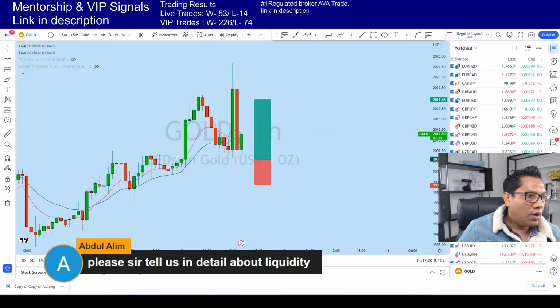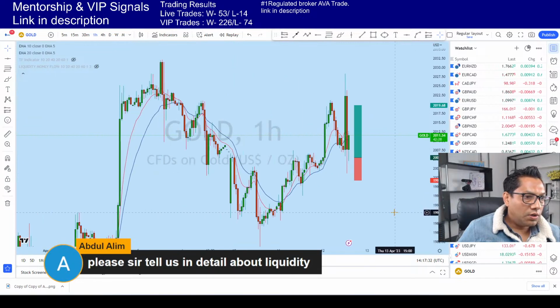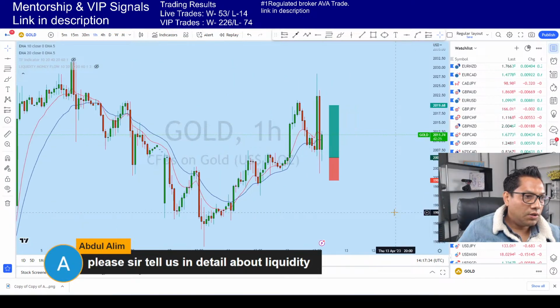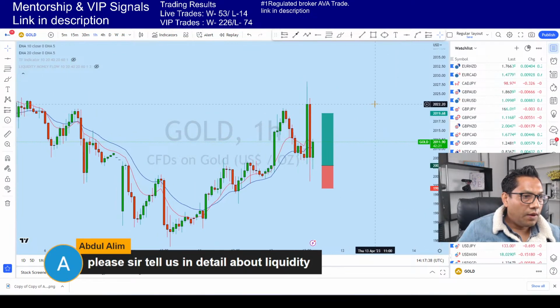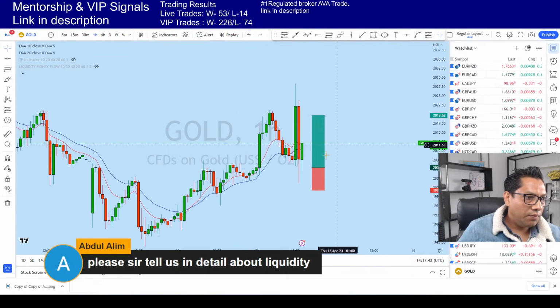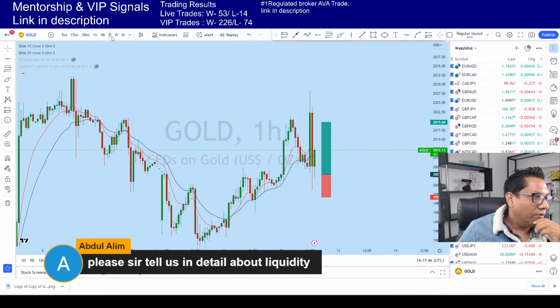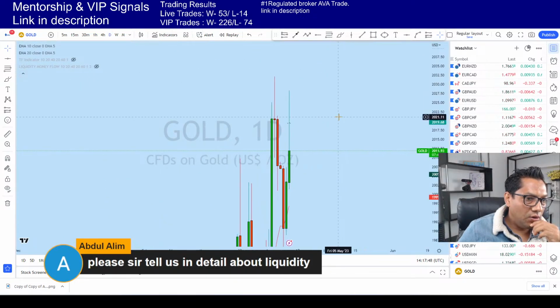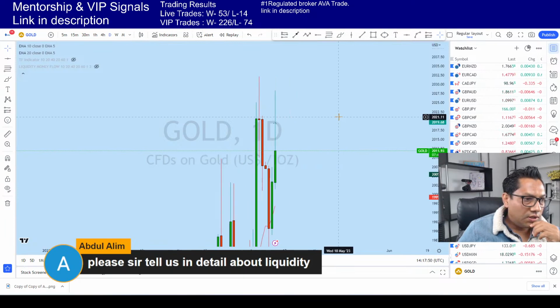So from the 1 hour perspective, what I see is that gold has just made a false breakout to the downside, grabbed liquidity, and is now prepared for a big bull move to the upside. Now you can see the price has tested the daily low and then started its movement to the upside.